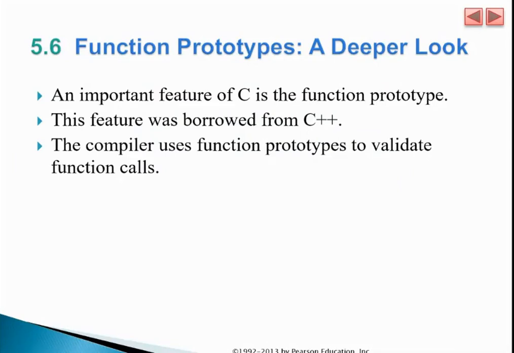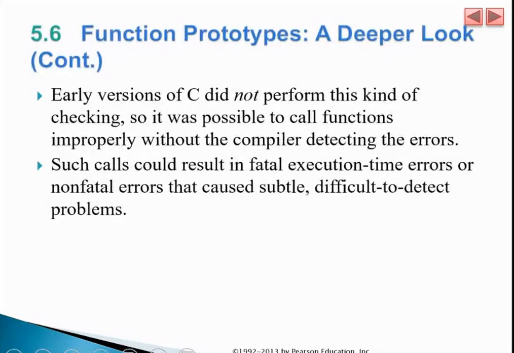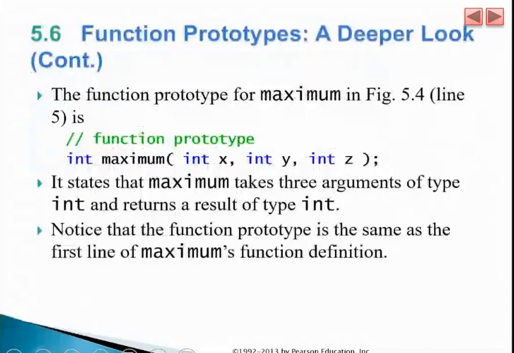Now this prototyping will allow the compiler to validate the function call. Okay, now what do we mean by this? Previously it was not there in C, right? And now they have introduced it in C. Now, what is the use of prototyping? So this is the function prototyping, right?